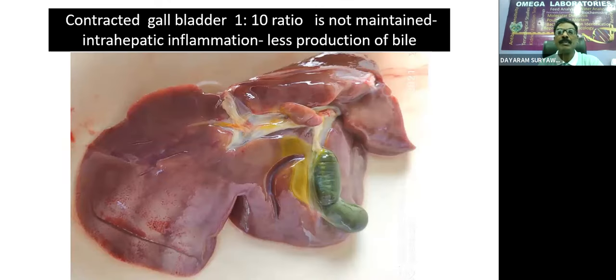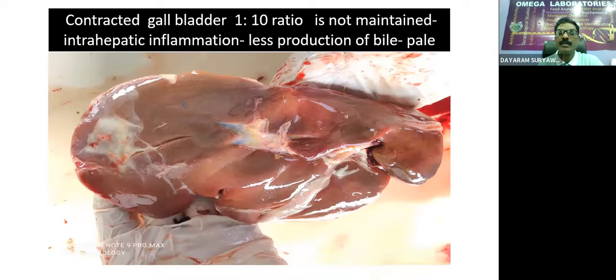A similar type of reaction over here: the 1:10 ratio is not maintained, and there is intrahepatic inflammation and less production of bile. Here, if you see, the complete contraction or complete loss of the gallbladder is there, and throughout the liver parenchyma, multiple fibrotic changes are present.